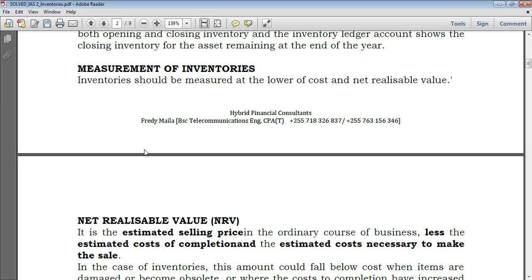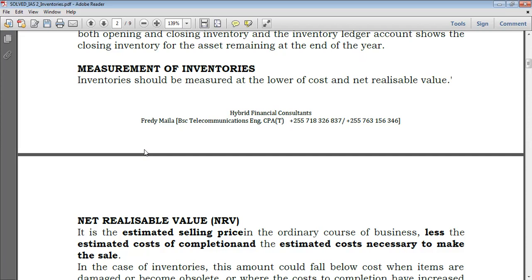Even when you are in the statement of financial position and you write inventory with a value of $200 million, that is also a disclosure, as well as in the notes.